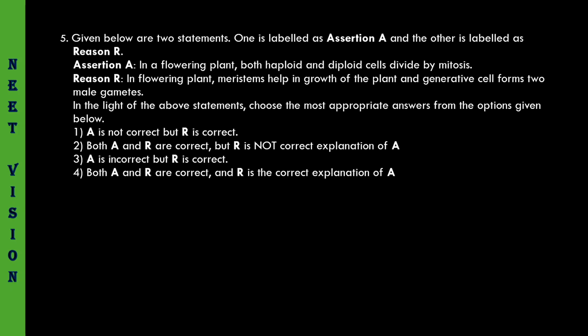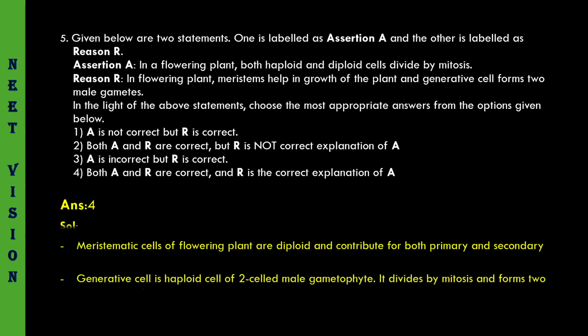And the reason clearly explains that the diploid cells and haploid cells, both of them of the flowering plant, divide by mitosis. So A is correct, R is correct, and R is the correct explanation of A. Fourth option must be the correct one. Let us see. Fourth option is the correct one. Here is the explanation.